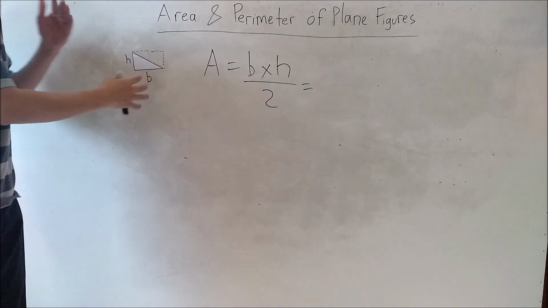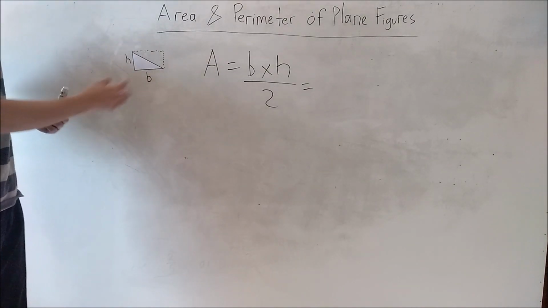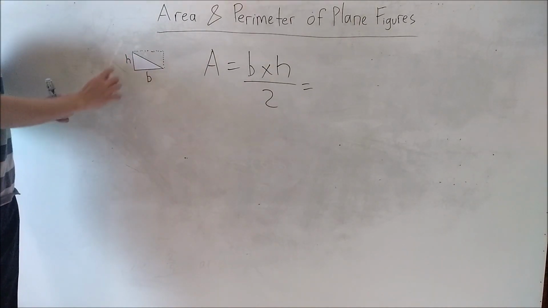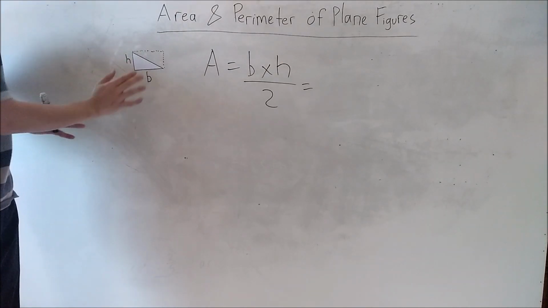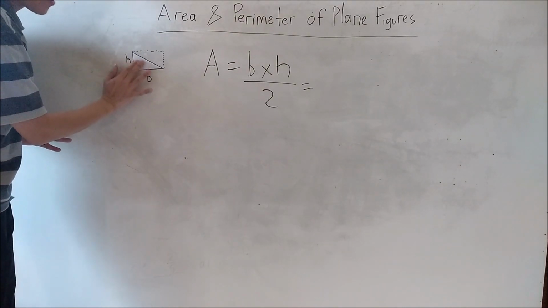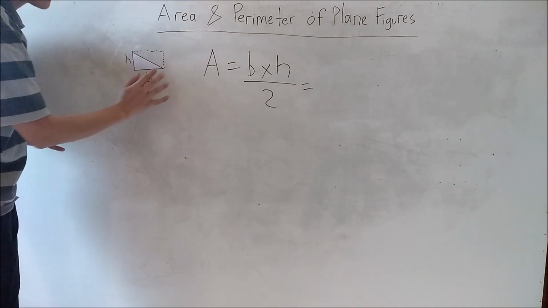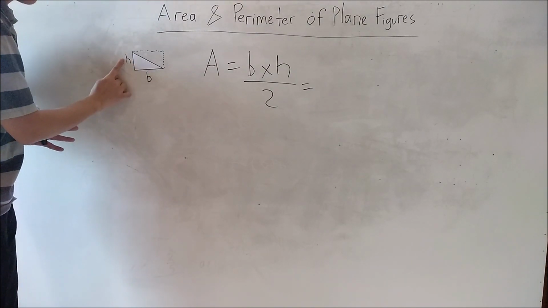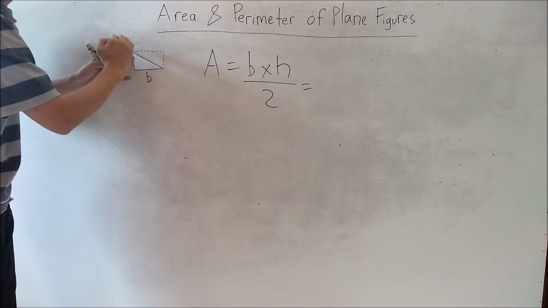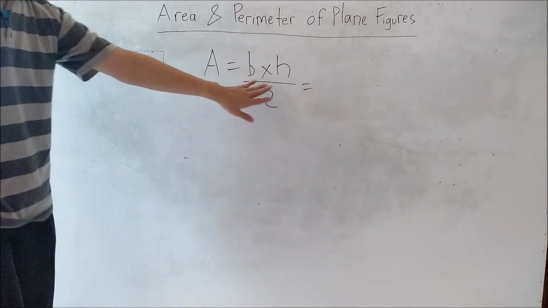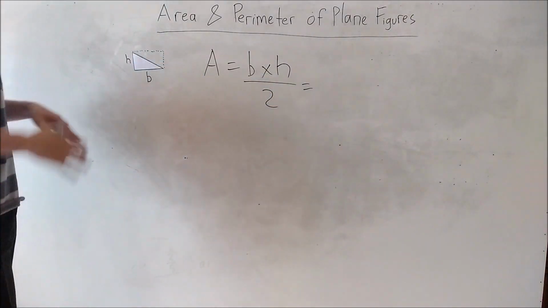I just changed the name a bit, it becomes base times height. That is the rectangle. However, since my triangle is only half of the rectangle, what I do is base times height, and then I divide by 2, or I cut in 2.